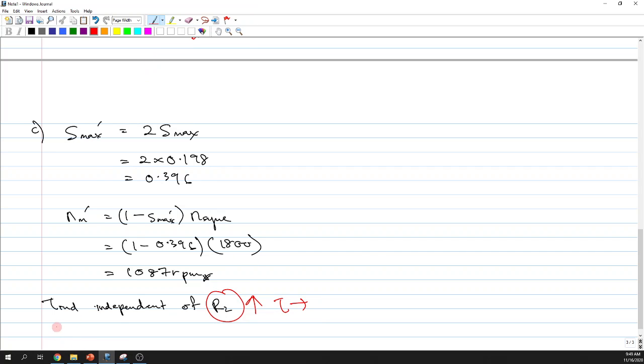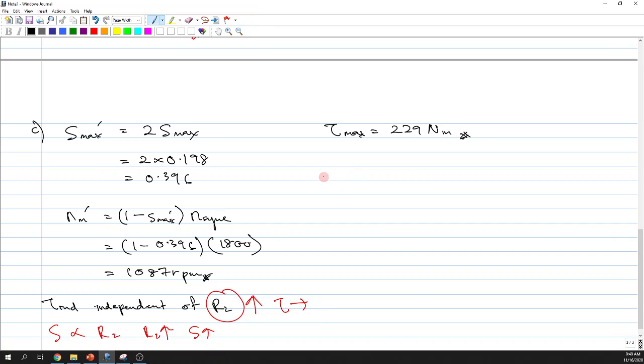Just S is proportional to the R2, so when R2 increases, S follows and increases. So the T max at this point is still the same, 229 Newton meter of torque. However, what they ask is actually the starting torque.